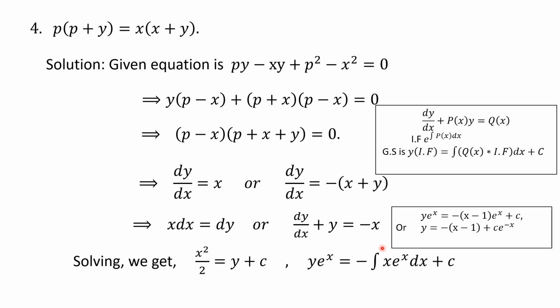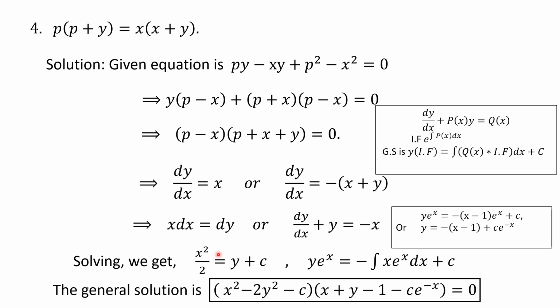Or the general solution, we can write as the product of these two, that is x square minus 2y, sorry, here it is a correction, it should be 2y, okay, x square minus 2y minus c into x plus y minus 1 minus c e power minus x equal to 0.